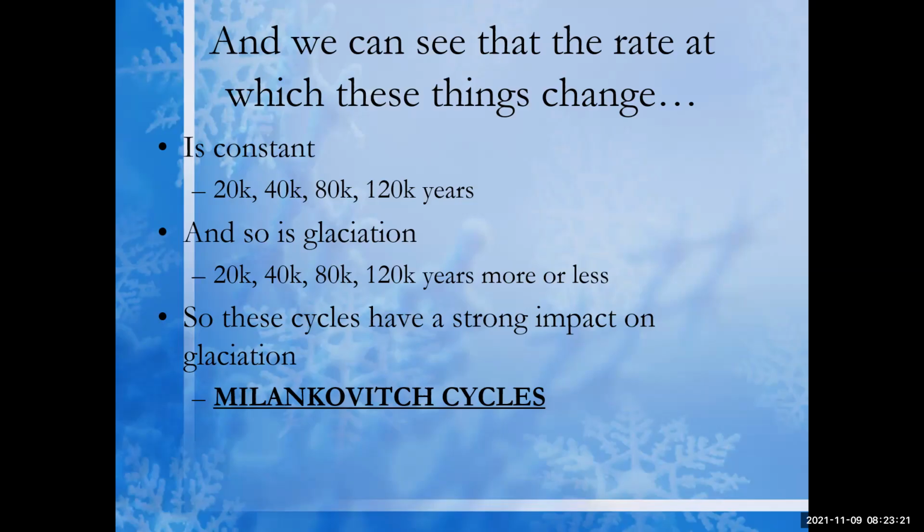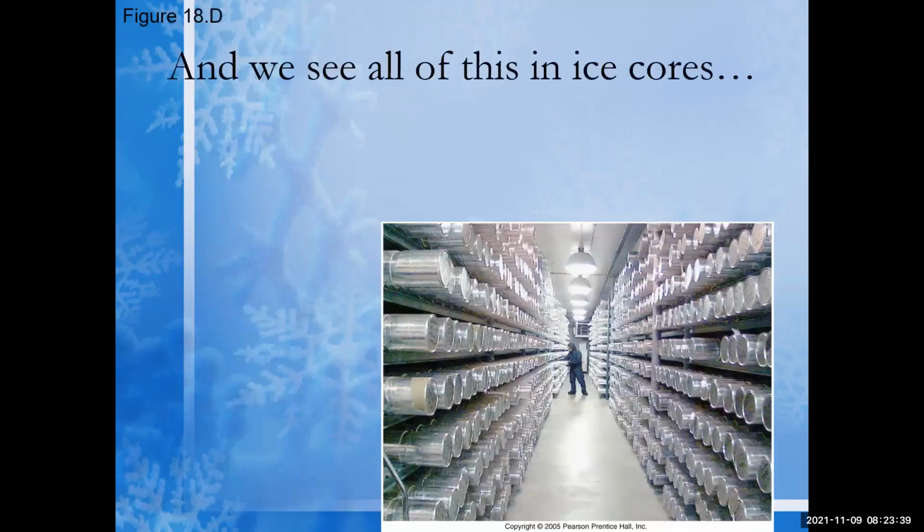This cycling is something that we call Milankovitch cycles. These have an enormous impact on glaciation. They are a huge natural driver for glaciation that we can actually see in ice core records.